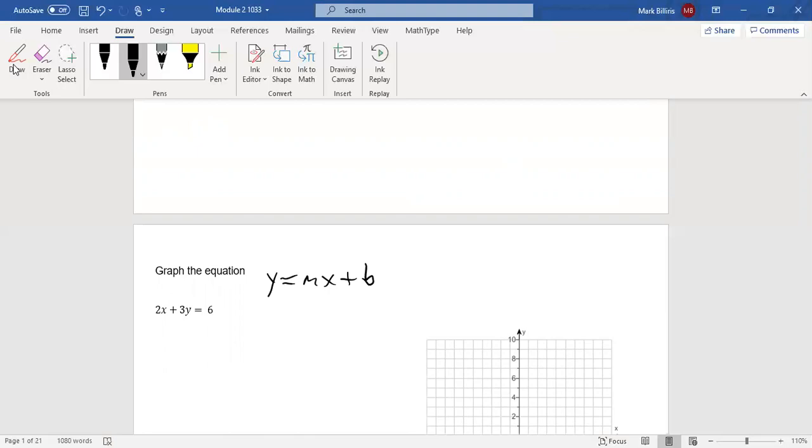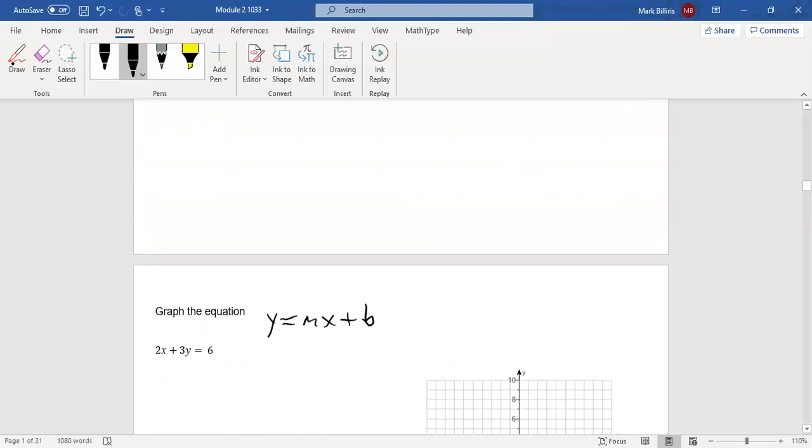So what I need to do is change this equation to the form y = mx + b. So I'm going to start by moving the x to the other side of the equal sign by taking its opposite.